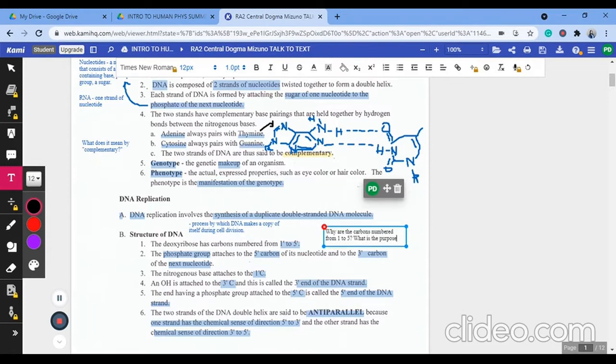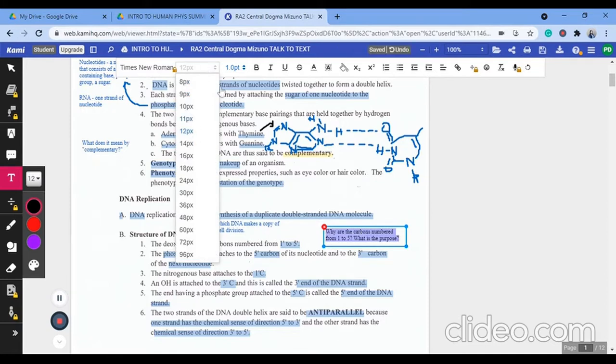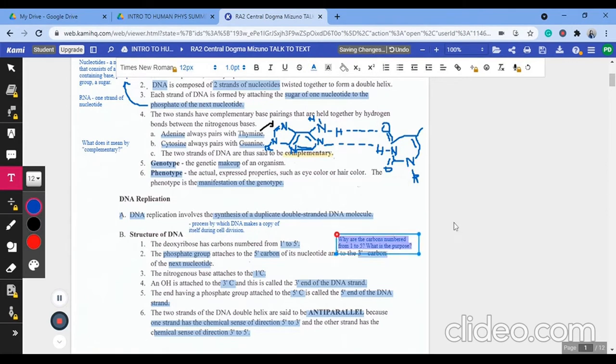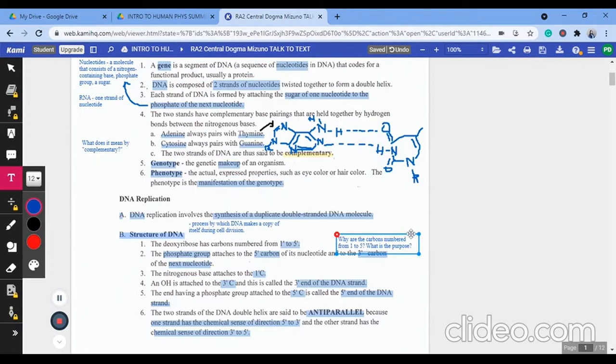I'm sure we delve deeper into the structures of the DNA, but I'm not sure what exactly purpose it serves. What exactly does numbering the carbons from 1 to 5 serve?